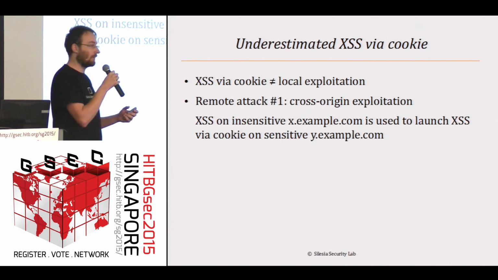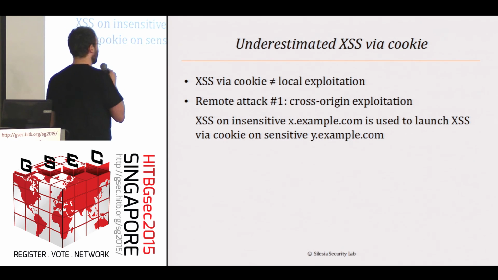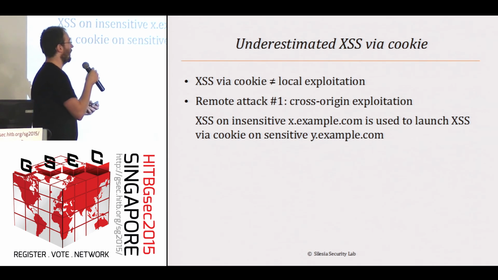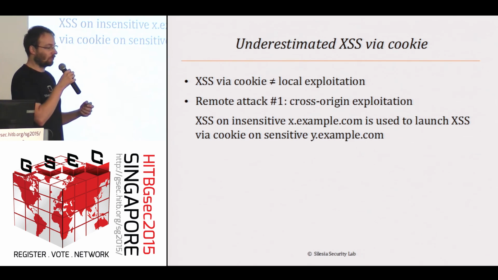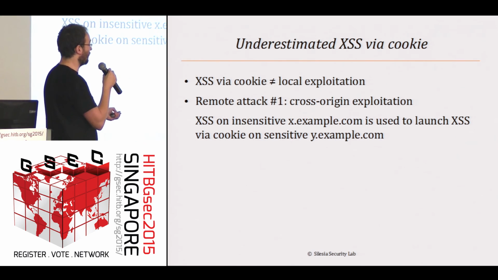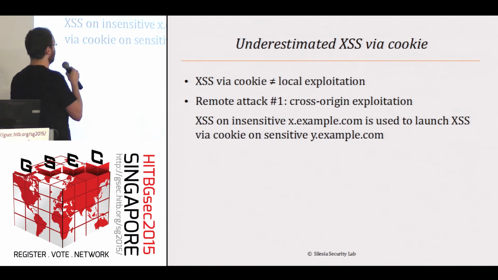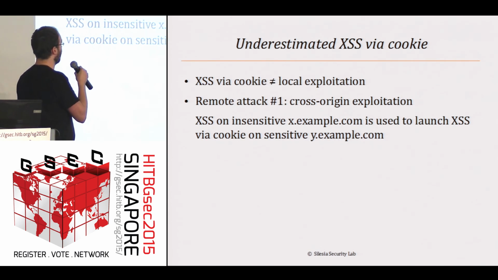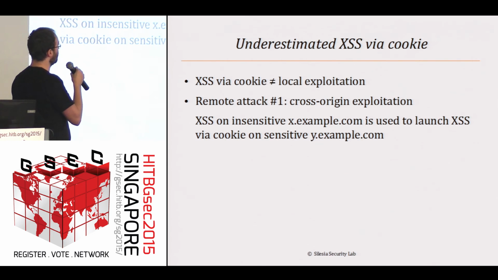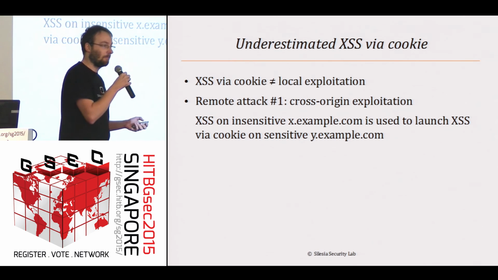So can you see it right now? We are on x.example.com. We set a cookie that will be sent for the domain example.com and all subdomains, including the sensitive y.example.com. So if we find some XSS on something insensitive, we can launch via this XSS remotely XSS via cookie on the sensitive subdomain.